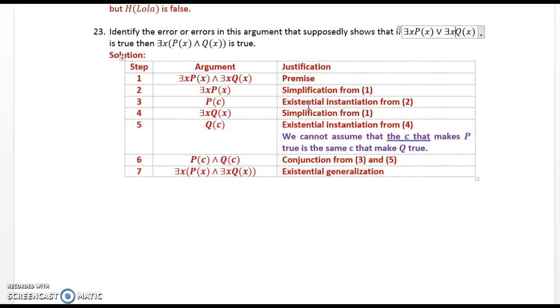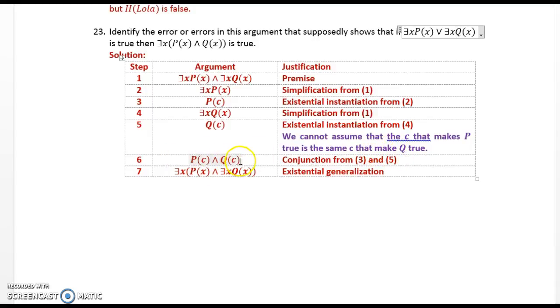2. There exists x, P of x, simplification from 1. 3. P of c, existential instantiation from 2. 4. There exists x, Q of x, simplification from 1. 5. Q of c, existential instantiation from 4. We cannot assume that the c that makes P true is the same c that makes Q true. This is the error. And 6.